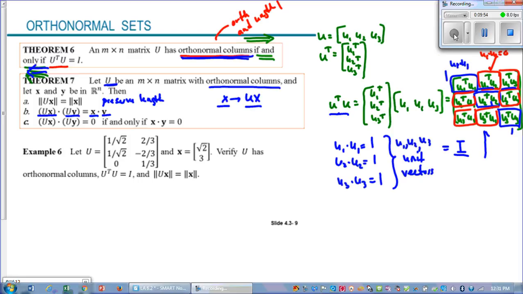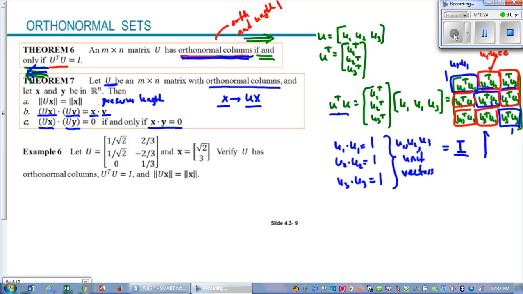So we're preserving that dot product as well, before and after we do the transformation. And this is just saying that if x dot y was 0, meaning that x and y were orthogonal before, then ux dotted with uy will also be 0. So we've got that the orthogonality is being preserved here. Okay, so that transformation is preserving both length and orthogonality.